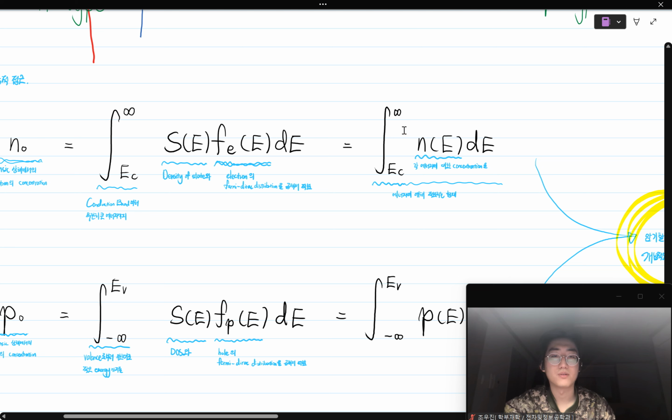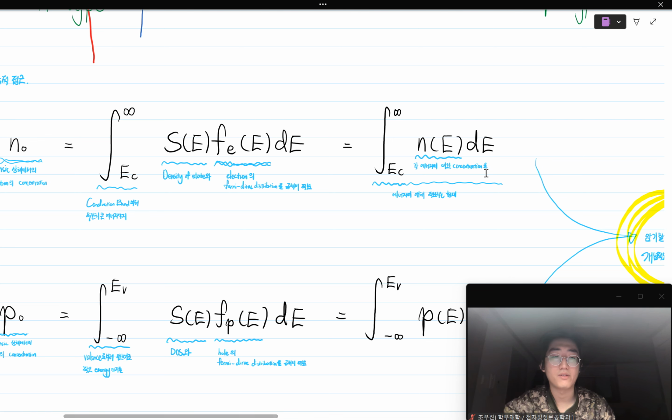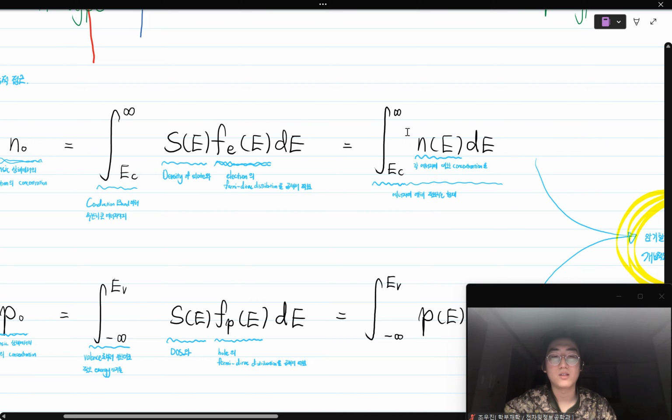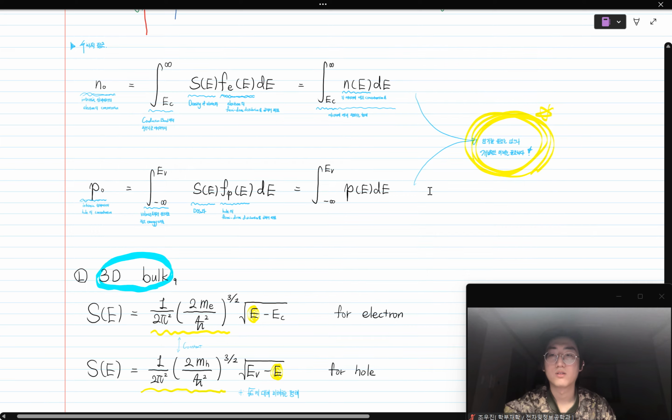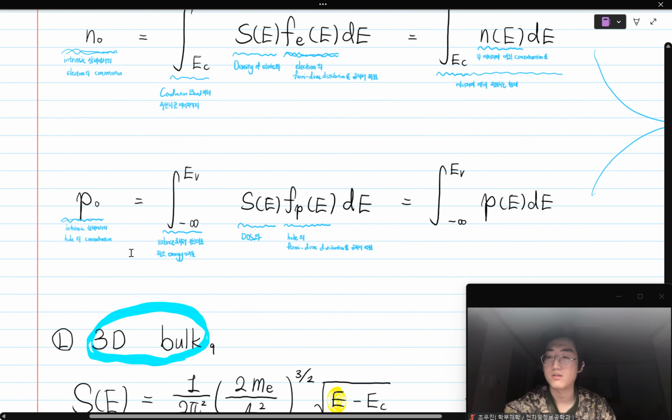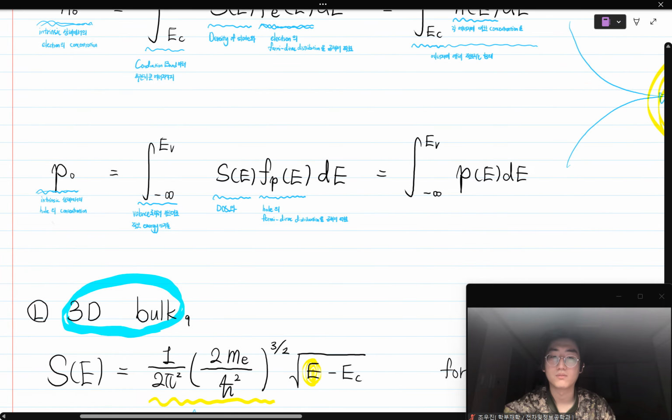So we can also express it like this. Ne is the concentration at each energy level, and it is integrated over energy. On the other hand, in this way we can also get the concentration of holes in the intrinsic case.